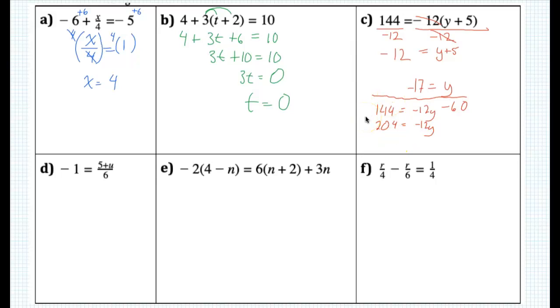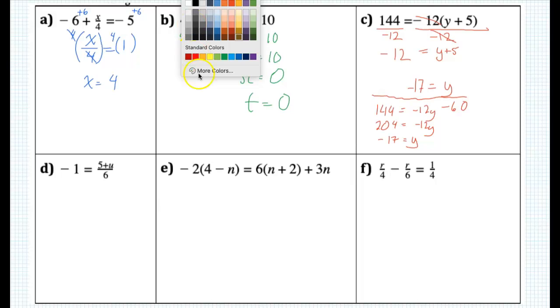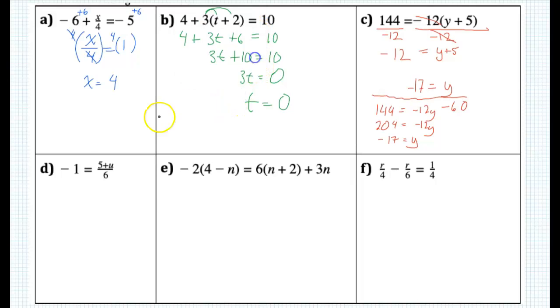So if I take 204 and I divide that by -12, we're going to get -17, yeah. So obviously we've got the same answer. But I used two different methods. Both of them are pretty much, I'd say, equally valid, yeah.